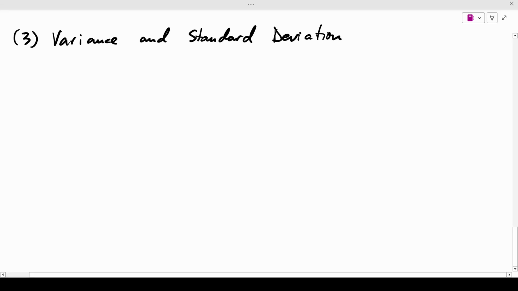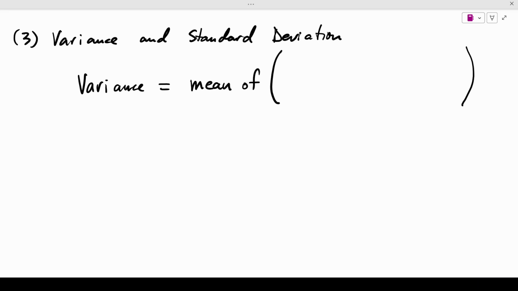So, here's the formula. The variance is the mean or average of, and I'm writing this formula in a funny way on purpose. We're going to average something. We want to get the overall average in all of our data of how spread out it is.